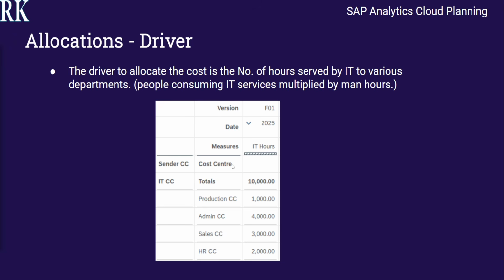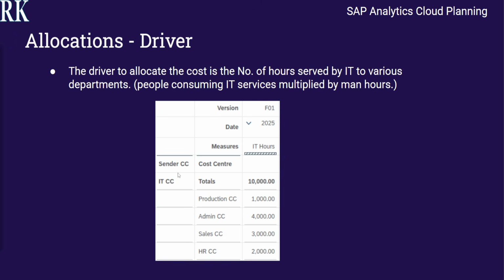So as I said, we need a driver to allocate this cost. The driver in our scenario is the number of hours served by IT to various departments. So we have captured the IT hours in a model.